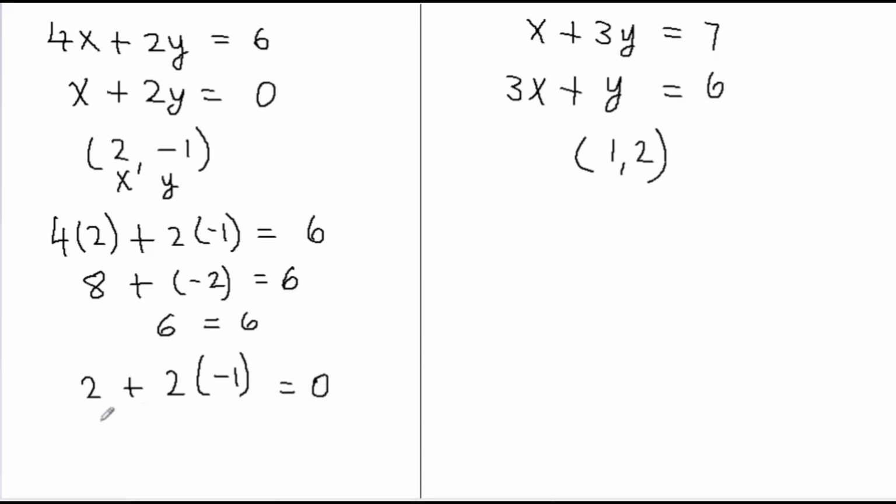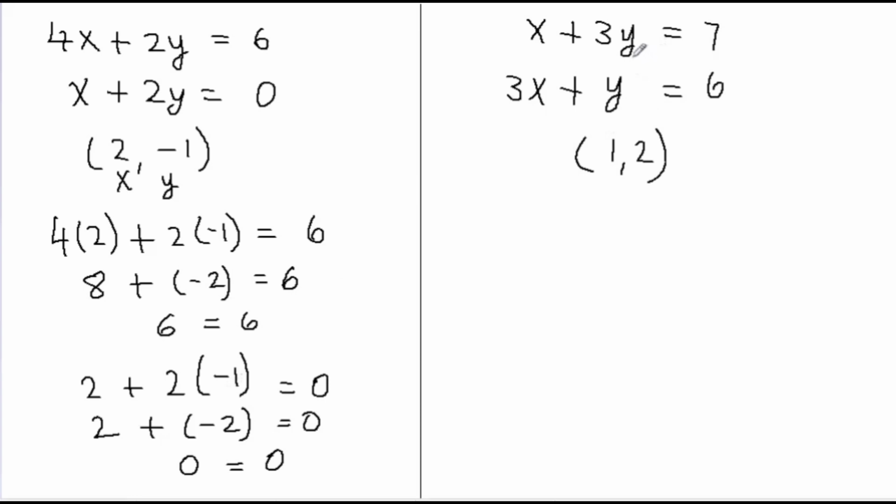So this is 2 plus 2 times -1, which is -2, so 2 plus -2 is equal to 0. So we got 0 equals 0, which is the correct statement. So we can say that it also satisfies the second equation. Since it is satisfying both the equations, it is a solution to the system.